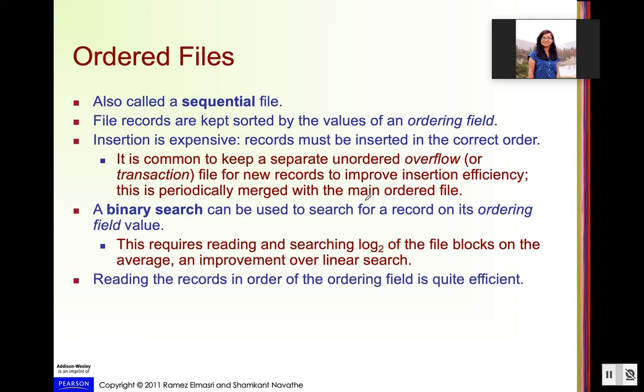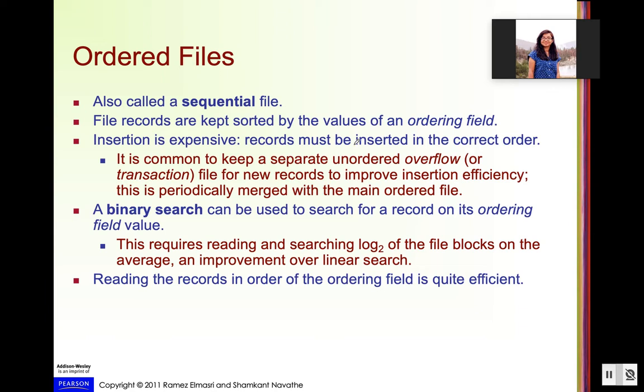Now the file can also be an ordered file, also known as a sequential file. In ordered files, records are stored ordered on a particular attribute. File records are kept sorted by the values of an ordering field. In the ordered file, insertion is expensive because when we insert a new record, it has to be inserted in the correct order.